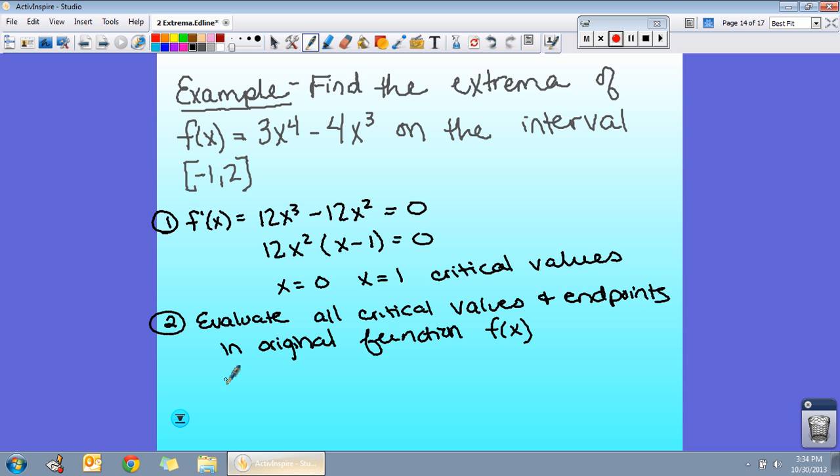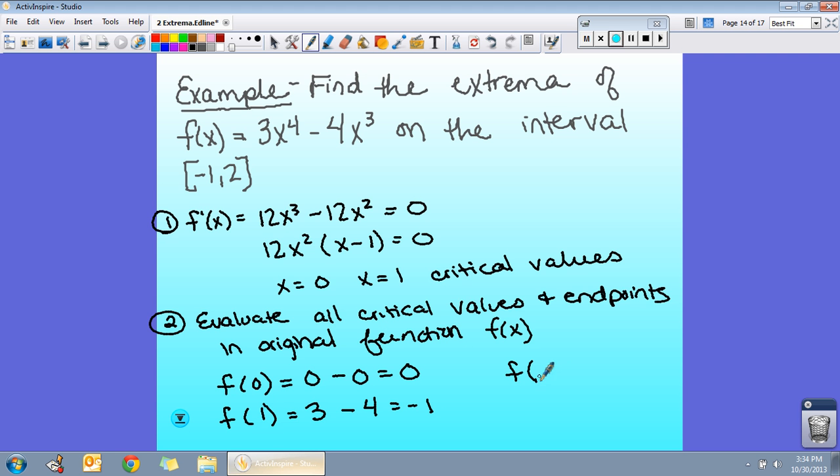So I'm going to plug in 0 into my original. So 3 times 0 would be 0, minus 4 times 0 is 0, and that's going to be 0. And then I'm going to try the other critical value. Should be 3 minus 4 to be -1.